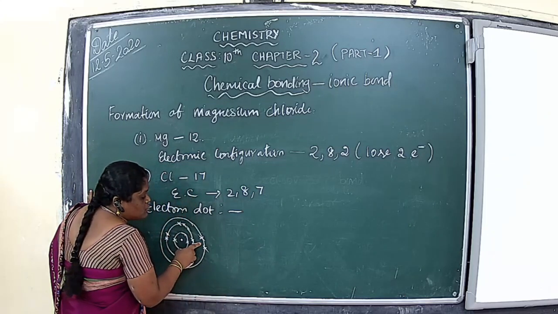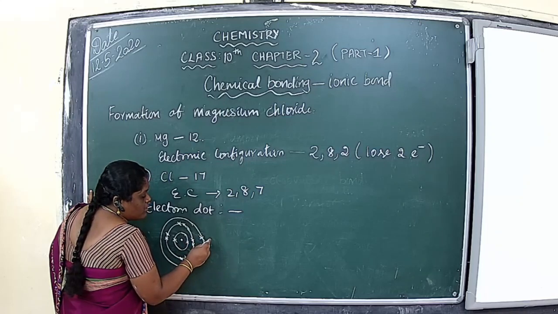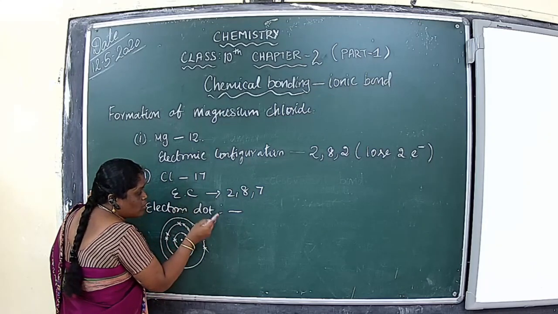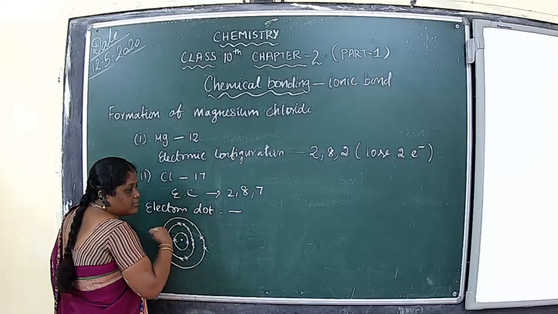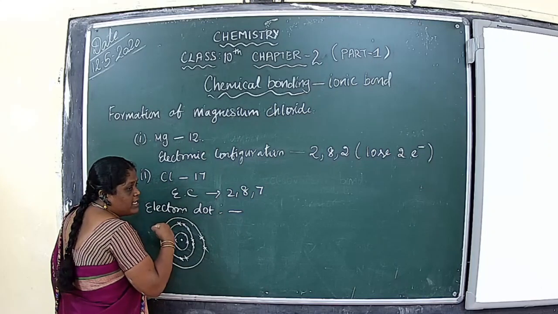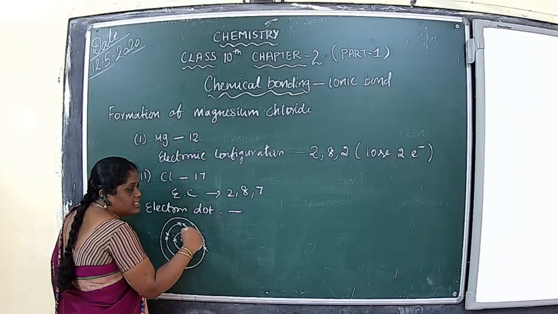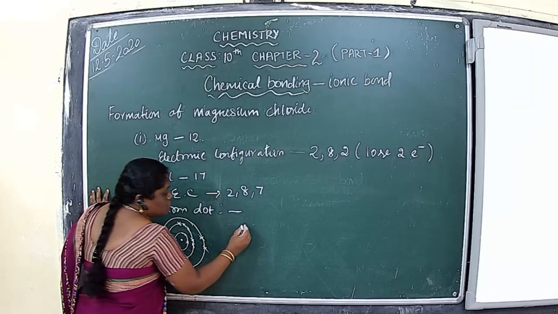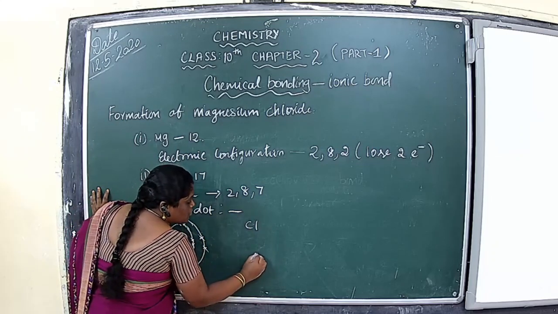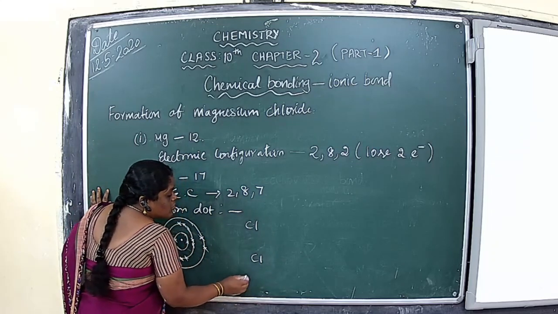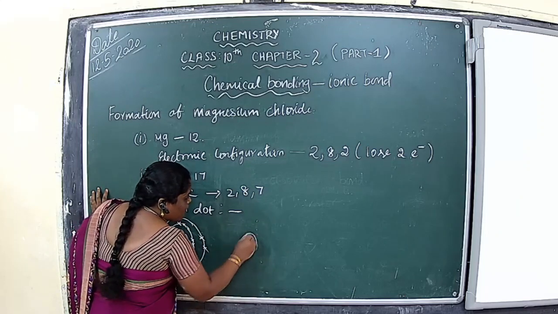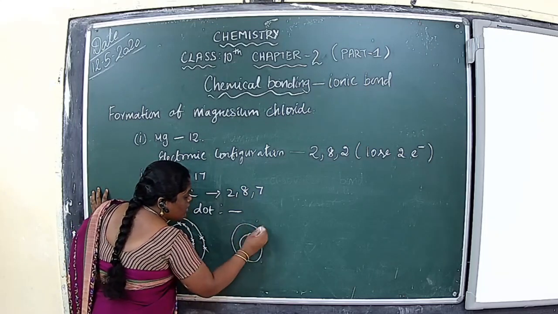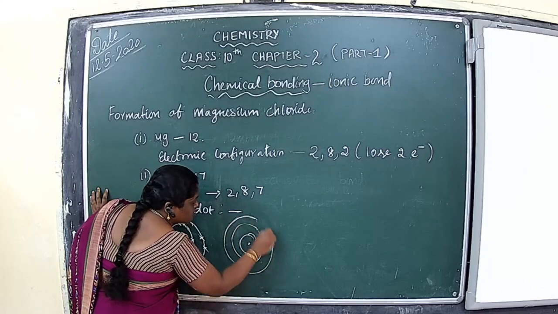Magnesium has to lose the 2 electrons, and the 2 chlorine atoms each gain 1 electron to attain the stable electronic configuration. So we write 2 chlorine, and each chlorine gains the 1 electron.